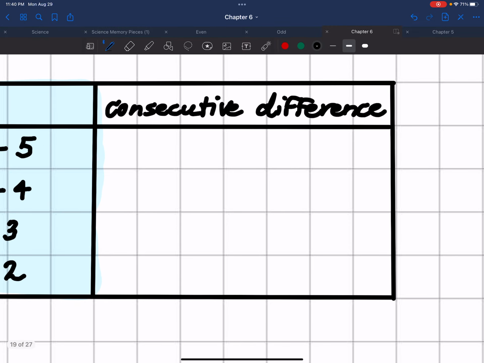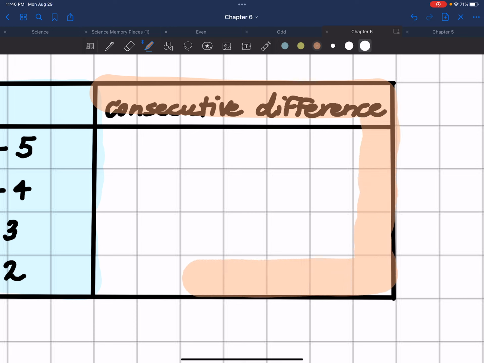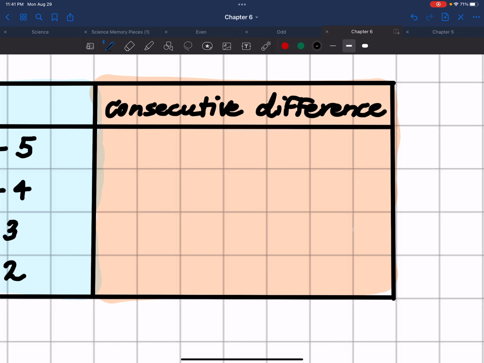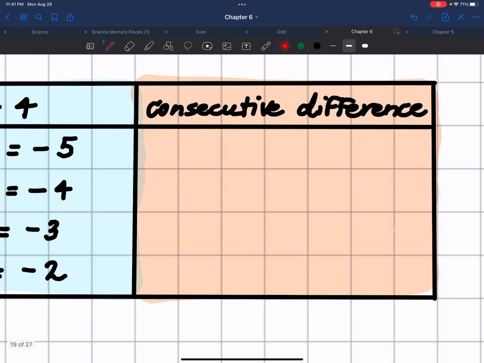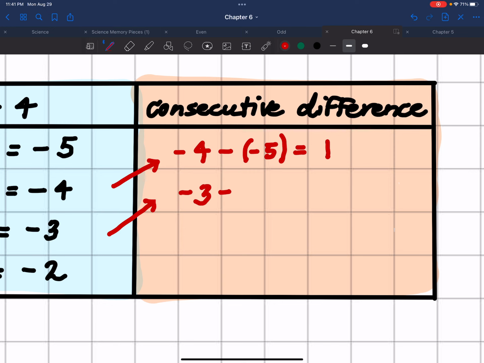So let's roll on over to this section. Focus just on this part of the table. You do need to see your y values right there, but they're still in frame, kinda. And here we go. Let's map the consecutive differences out. So here is -4 minus -5. That is going to be 1. Then we have -3 minus -4.